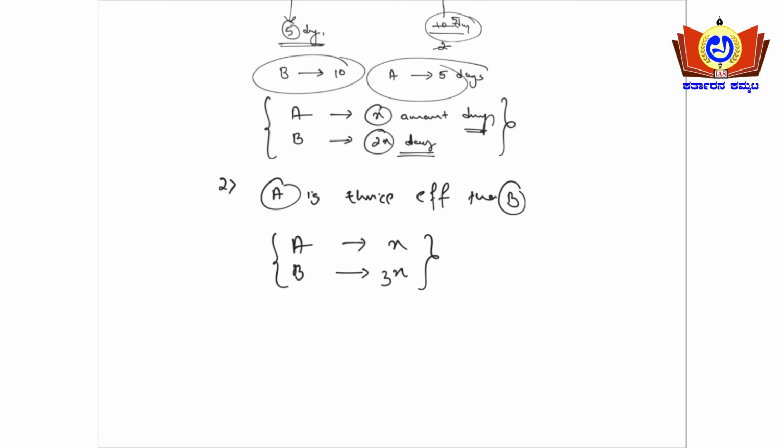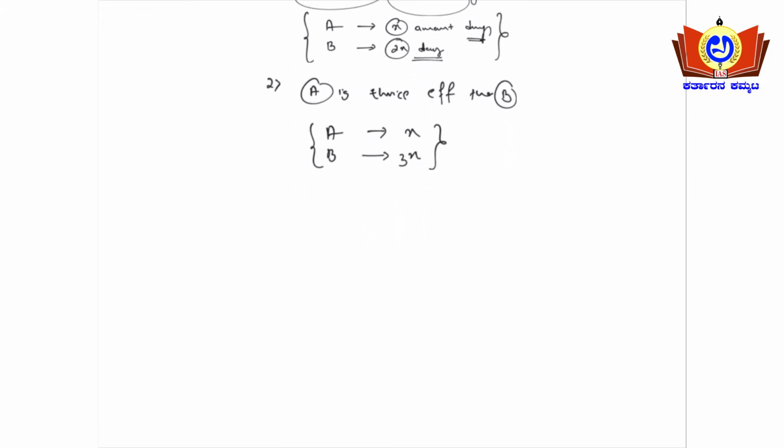Yes or no? As simple as that. If A is taking 10 days, B will be taking 30 days. Again, if it is 4 times efficient, then what happens? A will be x and B will be 4x.